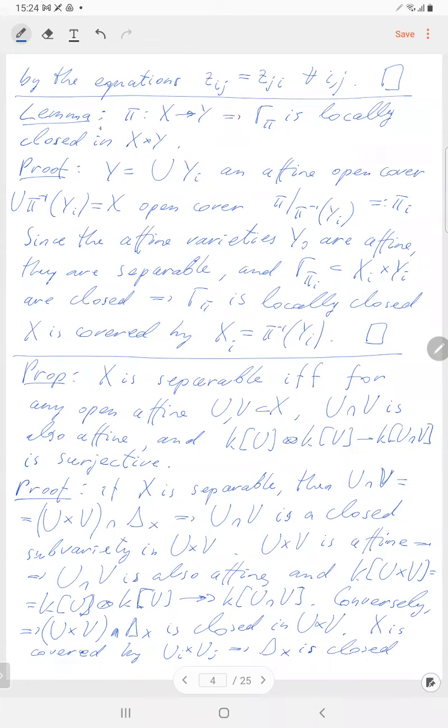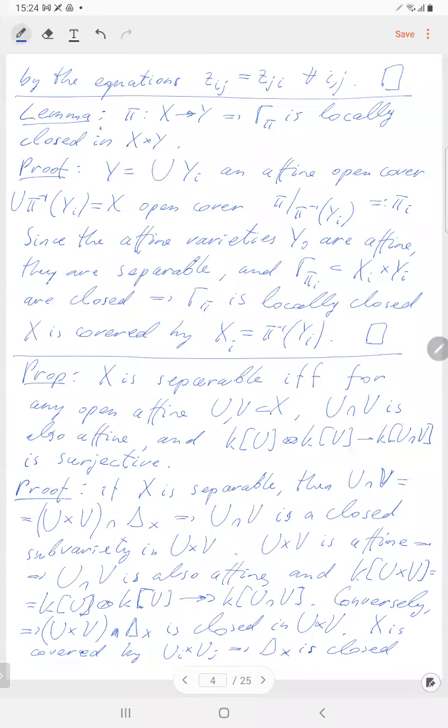Say it again, please. I'm sorry, how do you get that the intersection of the product U and V and the diagonal is closed? We know that it's affine. Is it sufficient? So once again, the intersection of the product with the diagonal is the same as the intersection of U and V, right? Yes. And we know that it's an affine variety.